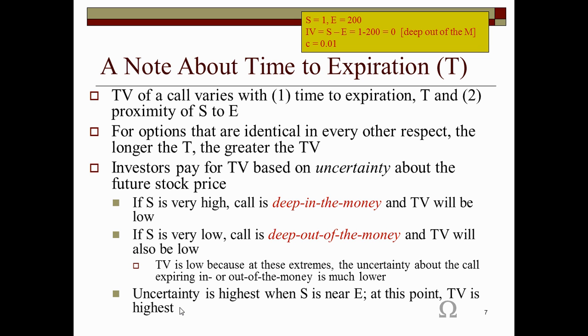So if you're comparing one option that expires in 2 weeks and another that expires in, let's say, 2 months, you would find that because the stock price and the exercise price are so close together, the option that has a longer time period would be much more valuable, because in the 2-month period you have a greater chance of hoping that the stock would move up in price from the $50.50 to something much greater, offering you a high intrinsic value at the end.